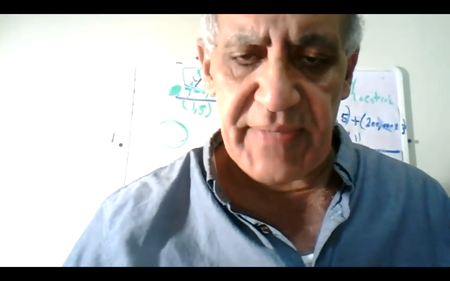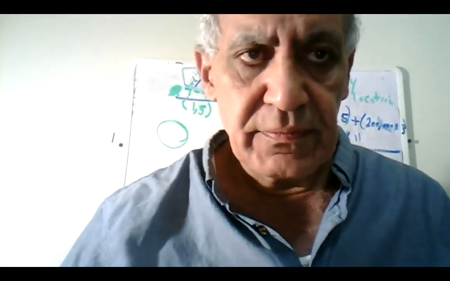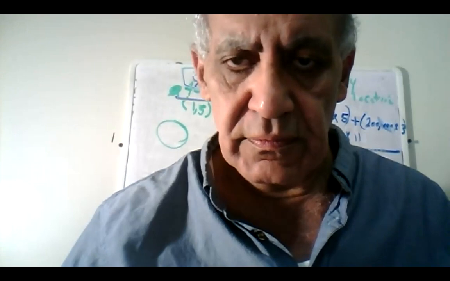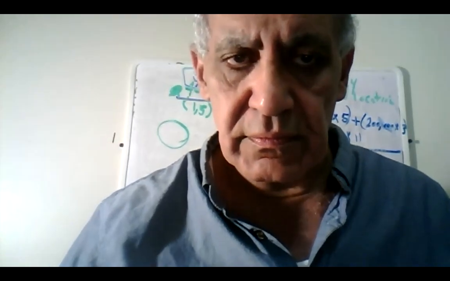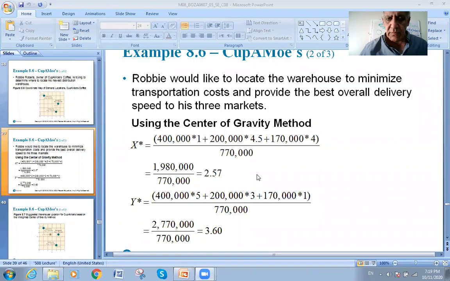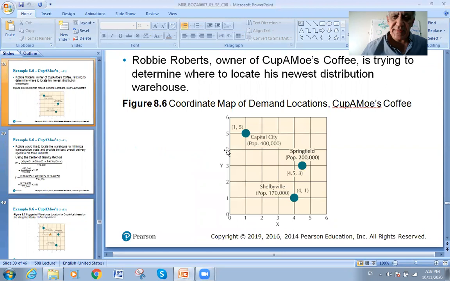Let me share the screen back. Like you see here, 400,000 by 1, because here are the locations, plus 200,000 by 4.5, plus and so on.